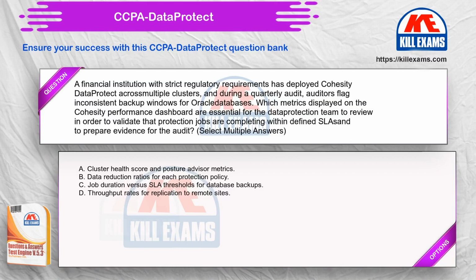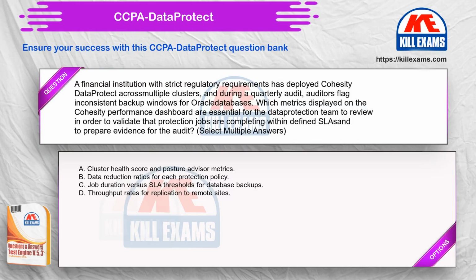A financial institution with strict regulatory requirements has deployed Cohesity DataProtect across multiple clusters, and during a quarterly audit, auditors flag inconsistent backup windows for Oracle databases. Which metrics displayed on the Cohesity performance dashboard are essential for the data protection team to review in order to validate that protection jobs are completing within defined SLAs and to prepare evidence for the audit?